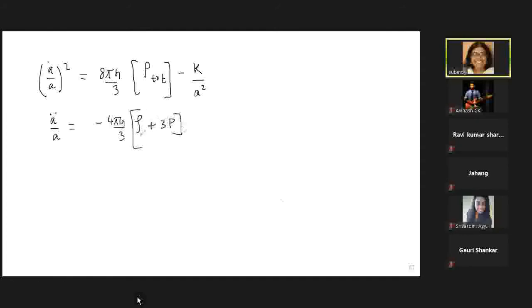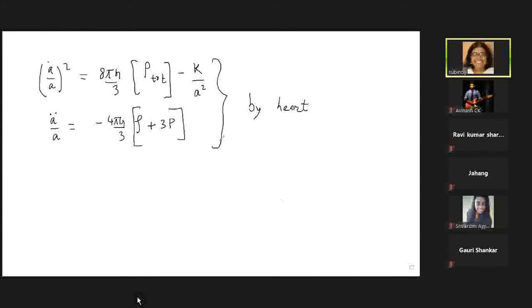This also means rho total plus pressure total. So if there are many components of the universe fluid, you have to add them. So now I'll just drop this total term. It doesn't look so good, but know that this is total. Okay. This you should know by heart.